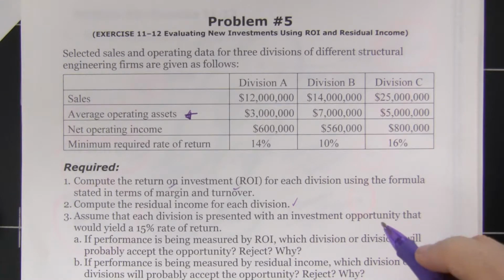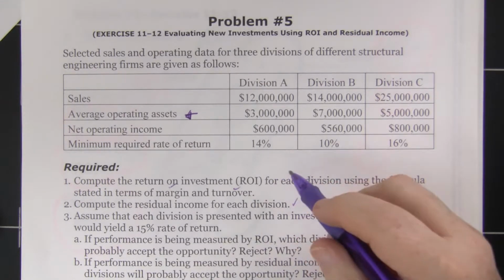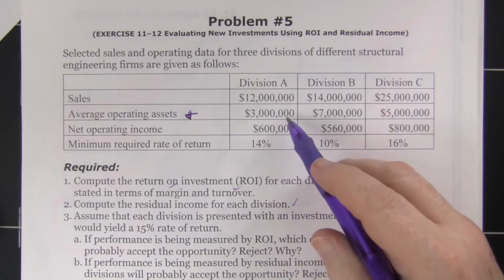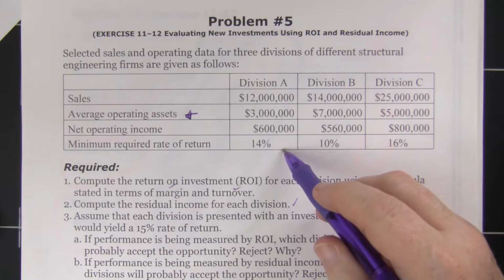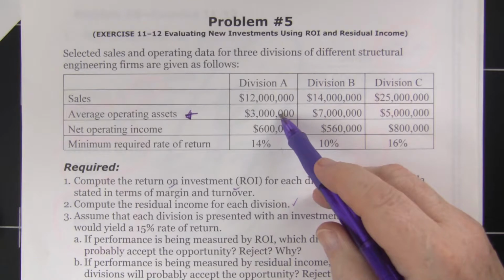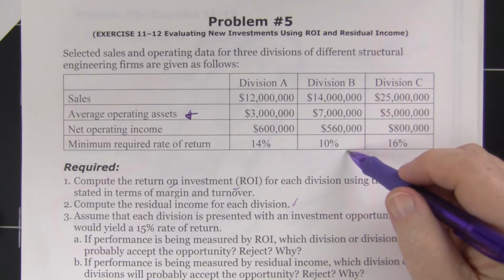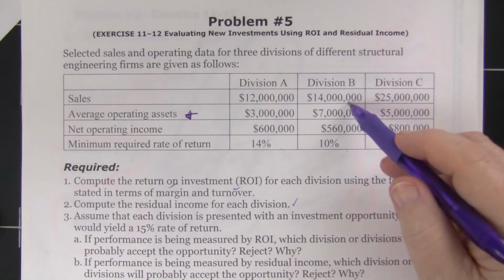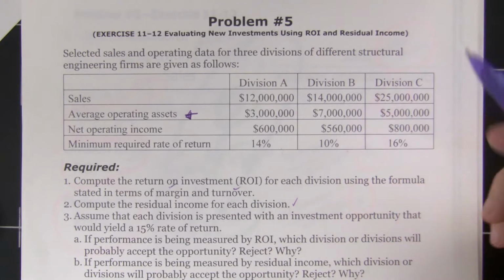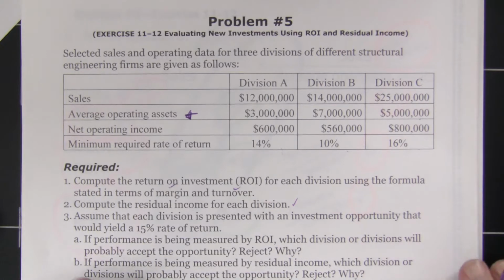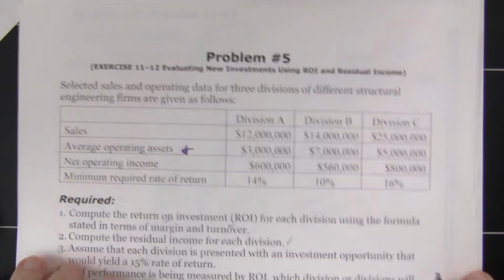And for that, remember, that's the minimum percentage of return on operating assets. So here we have to have 14% of 3 million, here we need to have 10% of 7 million, and 16% of 5 million. That's what we have to come up with.